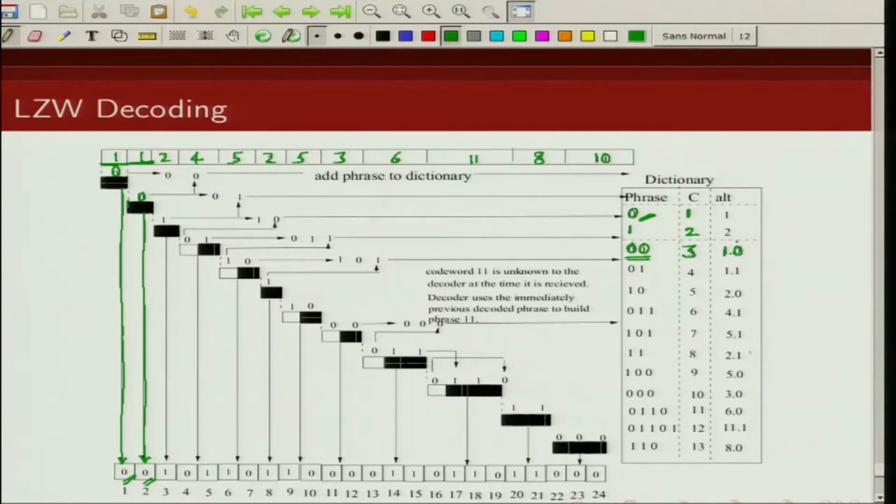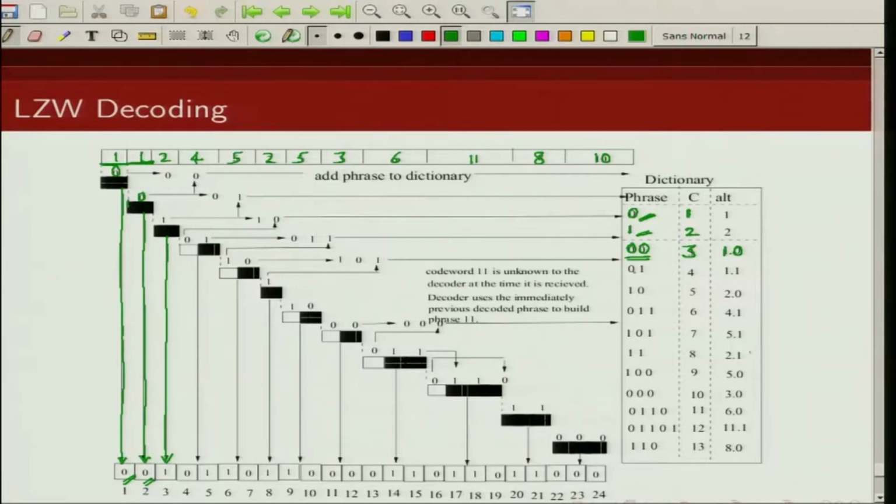Okay. Next, I receive 2. So 2 corresponds to bit 1. So this will be decoded as bit 1. And what's the next thing I need to do? I need to add 0 1 into my dictionary. So the old phrase was 0, the innovation symbol was 1.